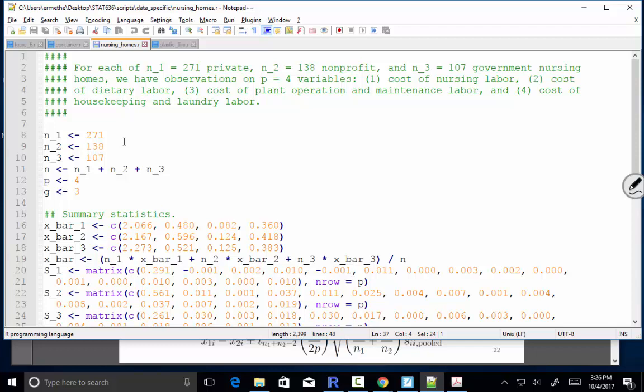And all I mean by factor is a categorical variable. The categorical variable in this case, there's only one of them. It is type of ownership. So there's one categorical variable. It happens to take 3 values, either private, nonprofit, or government.